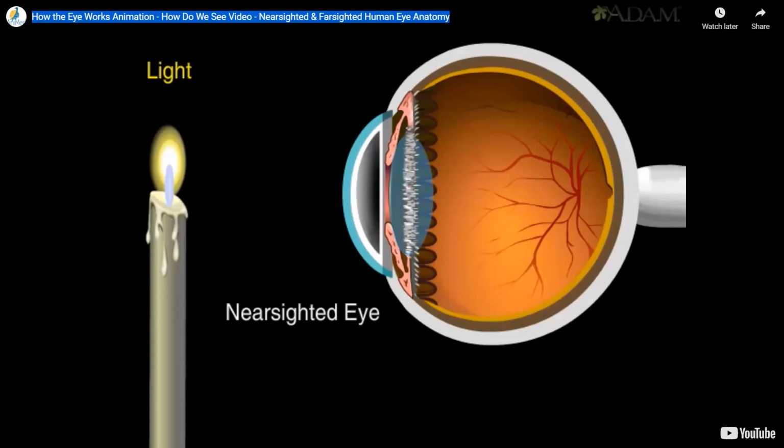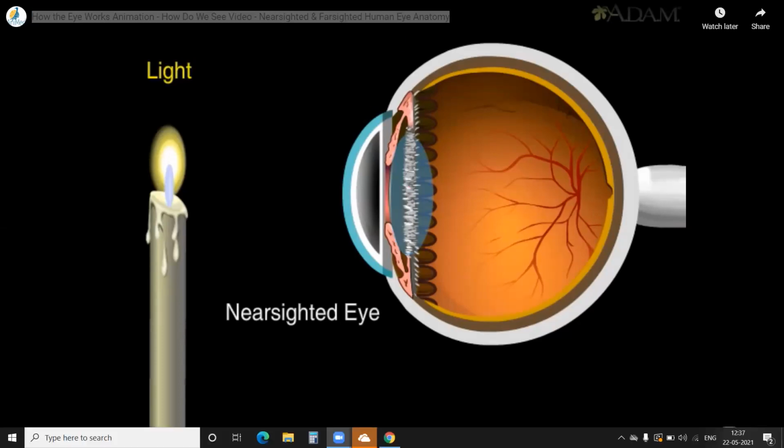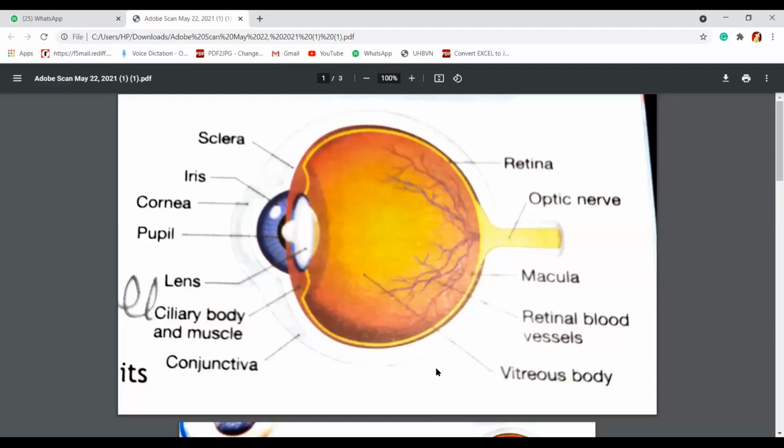Now see what is given in the book. The picture of the eye is in front of us, in which we can see the various parts of the human eye.